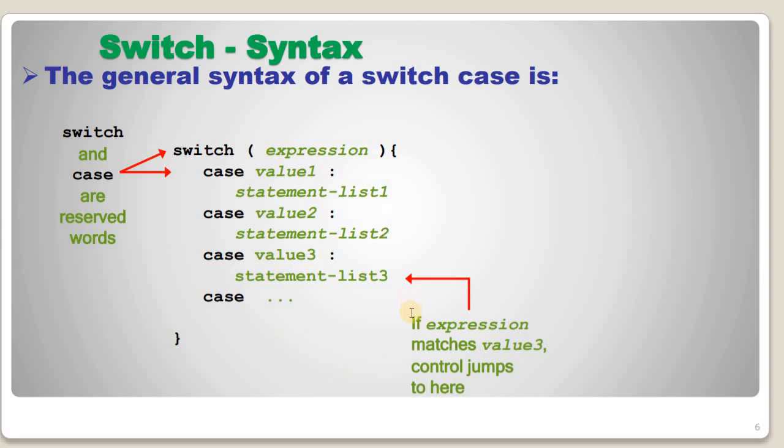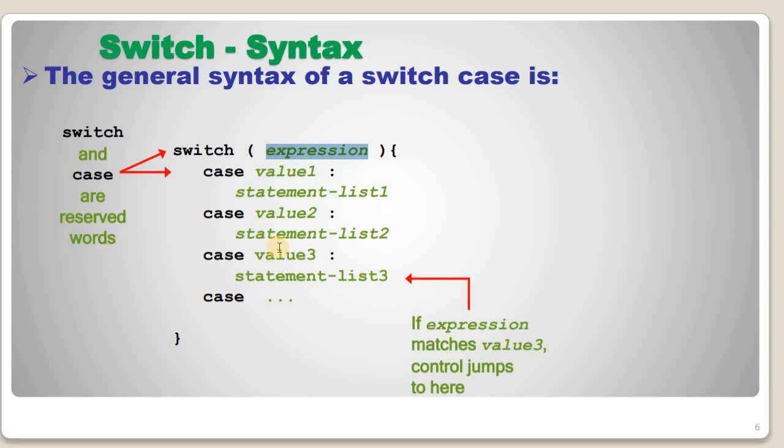Okay. So, for example, I enter a program in which I declare a variable called x, and I assign the value 3 to x, and I initialize it. And in the switch statement, in the expression part, I put x, and in the cases there's 1, 2, and 3.